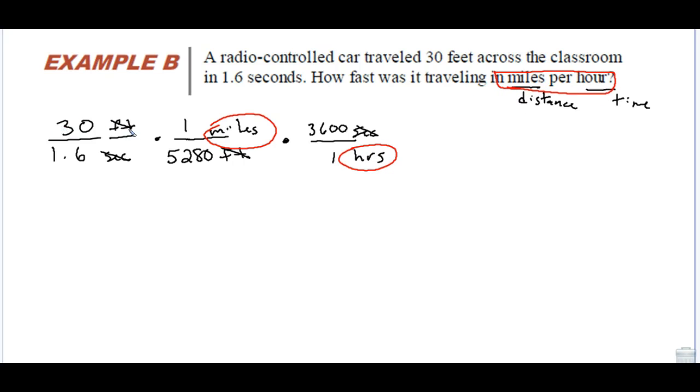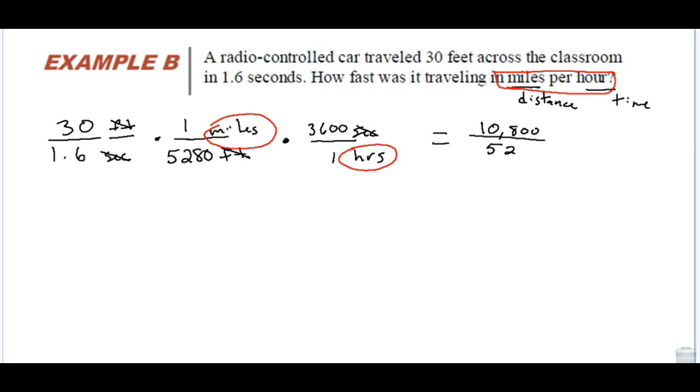Alright, so now all I have to do is multiply my numerators and multiply my denominators. So that means I have 3 times 3,600, which is 10,800, and I'm going to divide that by 5,280 times 1.6.